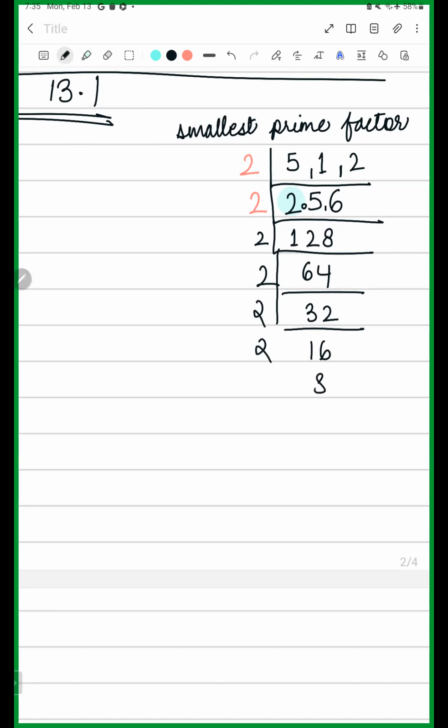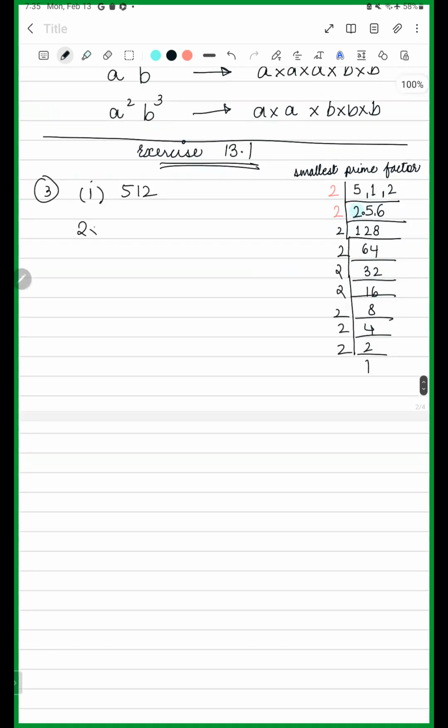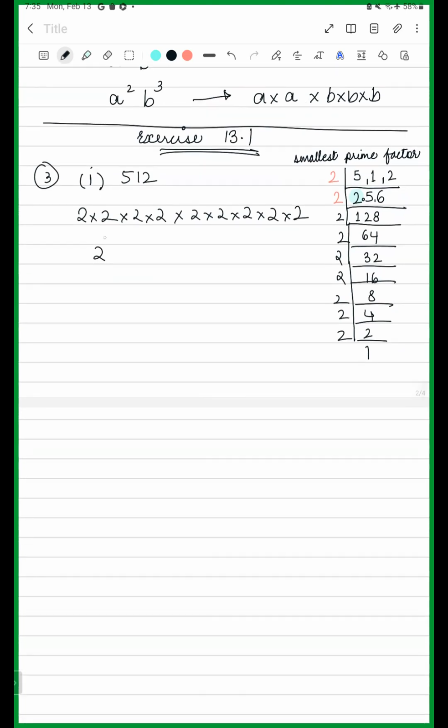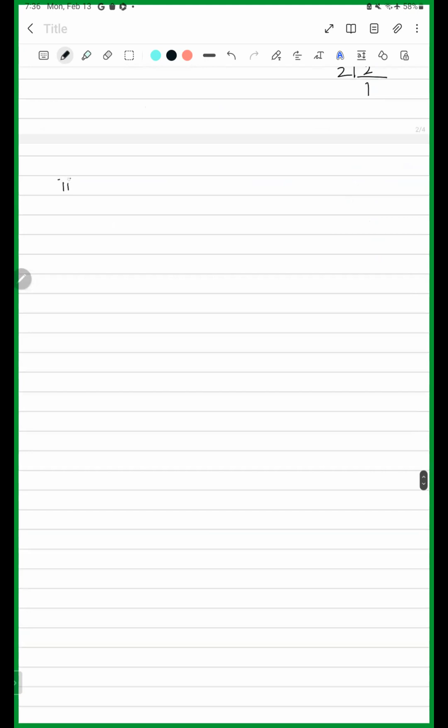Then 2. Then 1. Now this is 2 into 2... 1, 2, 3, 4, 5, 6, 7, 8, 9. So this is 2 to the power 9. 2 to the power 9. Okay? This is how you're supposed to do it. Now do the second one yourself. 343. Okay.